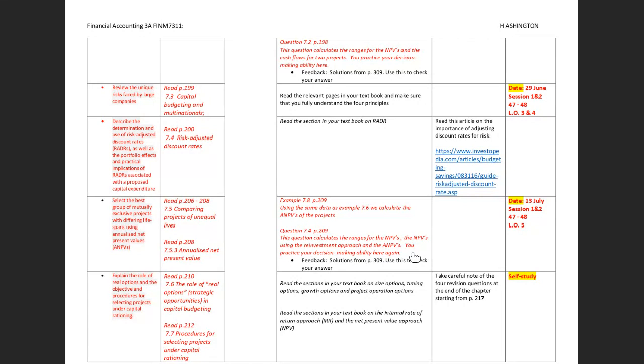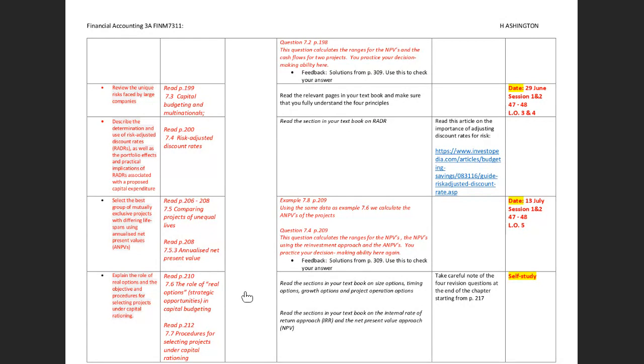Then this very last section on the lesson plan, the role of real options and the procedures for selecting projects under capital rationing, I'll leave you to read through yourself, because those are just 2 theoretical sections of other aspects of capital budgeting that you need to be aware of, and they can ask you theory questions on them.